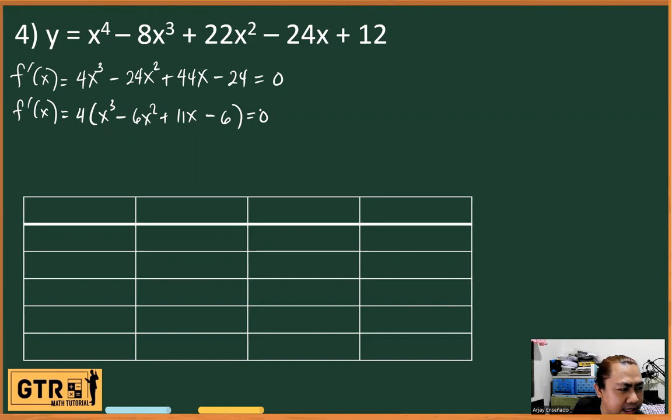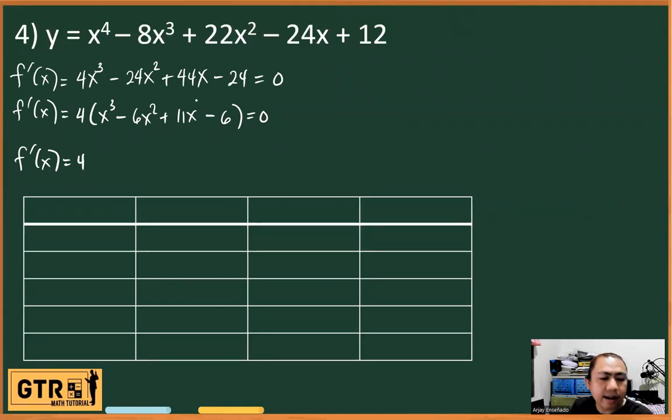By grouping, parang hindi rin pwedeng ifactor natin by grouping, ano? So therefore, we can use synthetic division. So synthetic division lang tayo para ifactor natin ito. So f prime of x is equal to 4 and then ifactor natin. So by synthetic division, trial and error lang tayo.